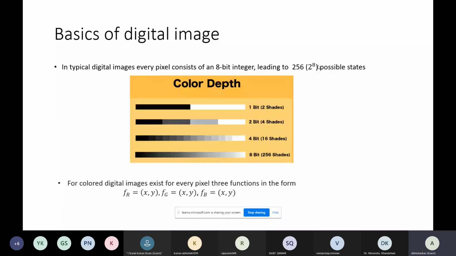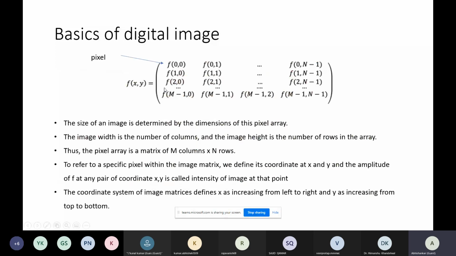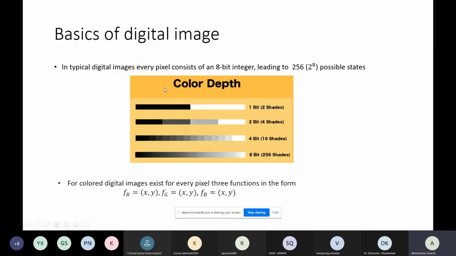And what are colored images? Colored images have 3 frames, and each frame has the same representation, f of x, y. Color images are made with 3 colors, RGB, meaning red, green, and blue.